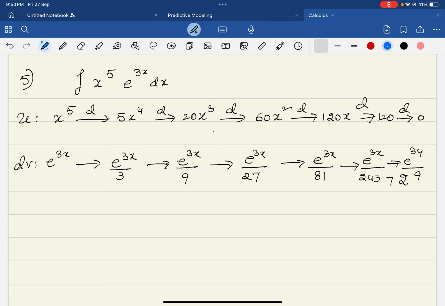So let us now do the calculation here. This into this, this into this, this into this, this into this, this into this and this into this.